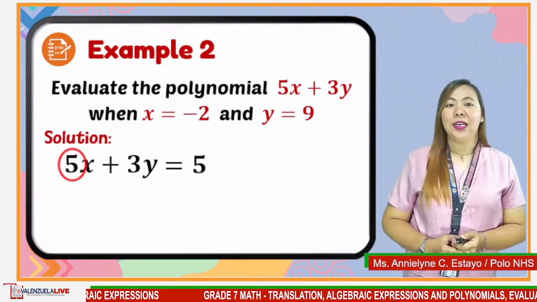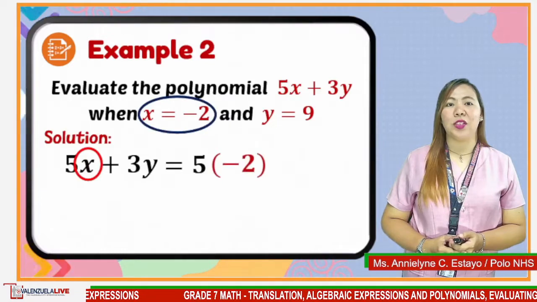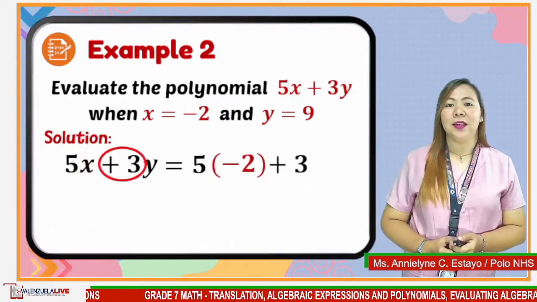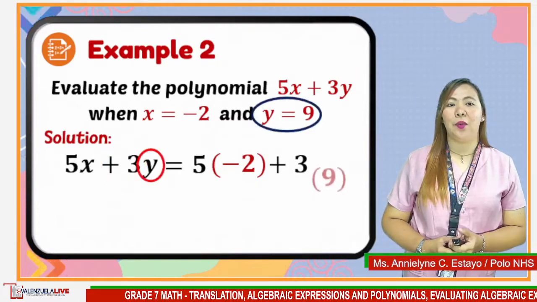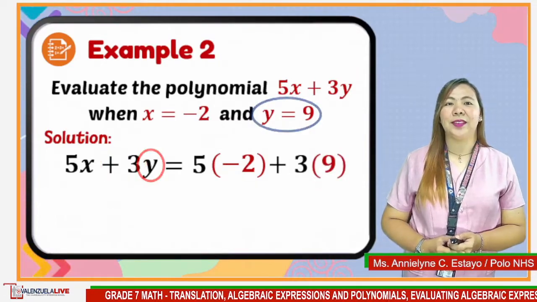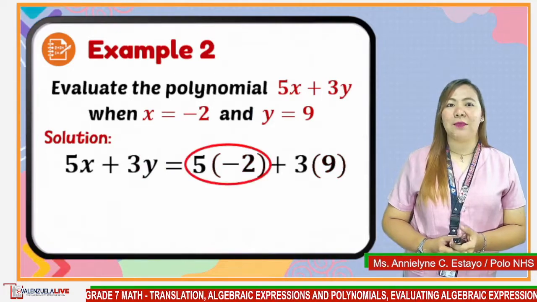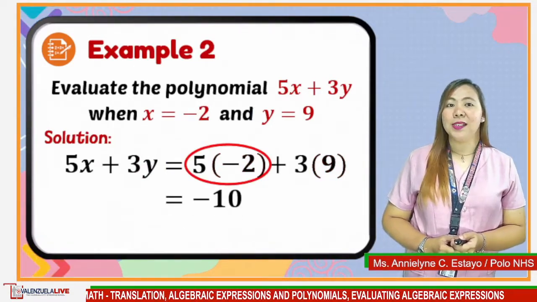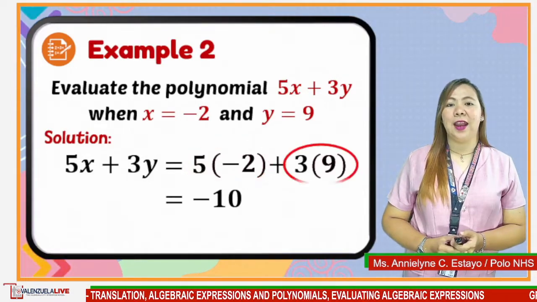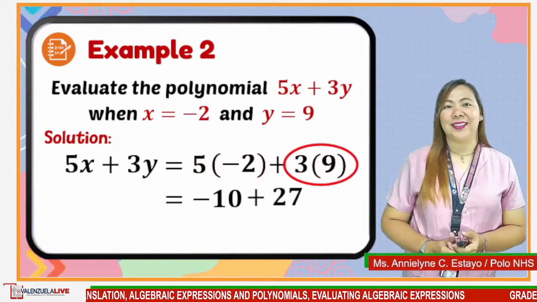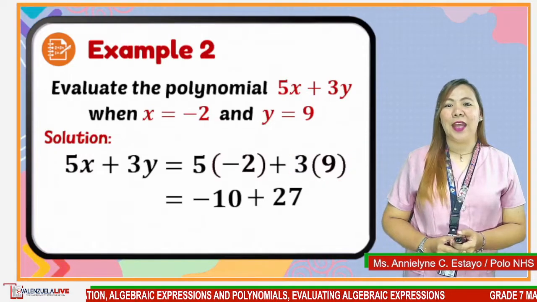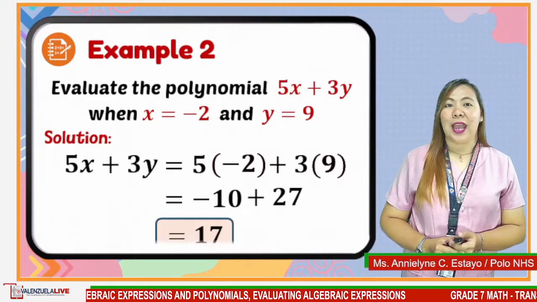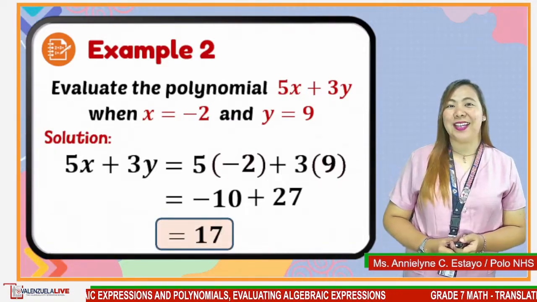Write 5, times the value of x, which is negative 2, write plus 3, times the value of y, which is 9. 5 multiplied by negative 2 is negative 10. Plus, the product of 3 and 9 is 27. Negative 10 plus 27 equals 17. So the answer is 17.